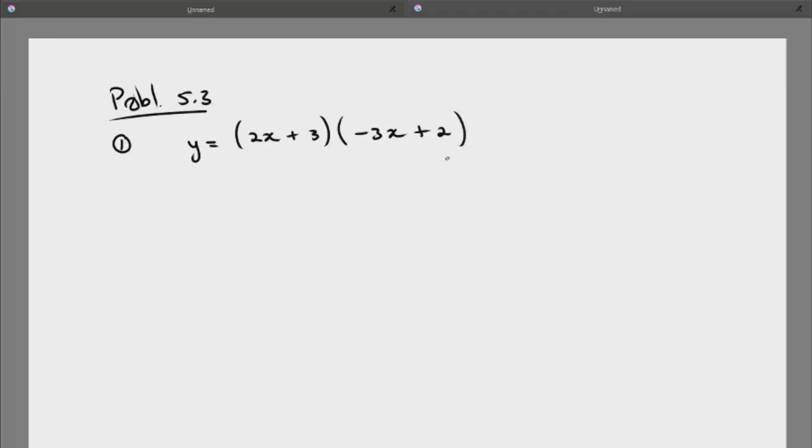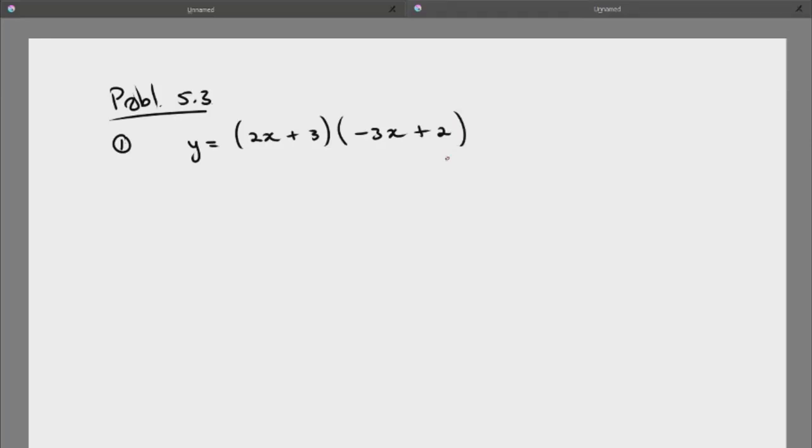So if we look at problem 5.3 and we just take number 1, for example, my function, let's just call it y, is 2x plus 3 times negative 3x plus 2.